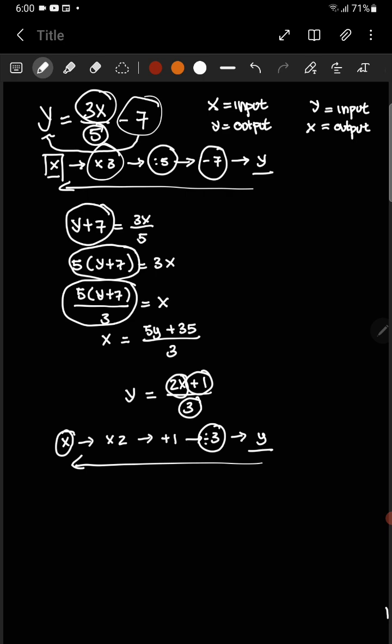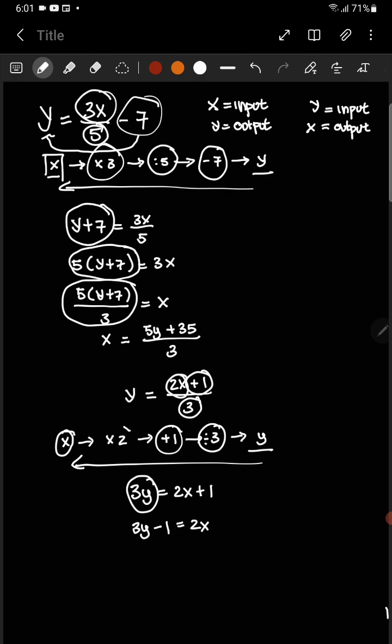Times, right? So it will be 3y is equal to 2x plus 1. After that, I have plus 1. What is the inverse of plus? Minus. So after I multiply the y by 3, I will minus 1.